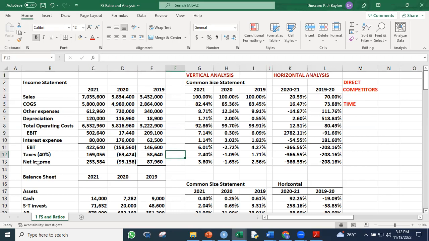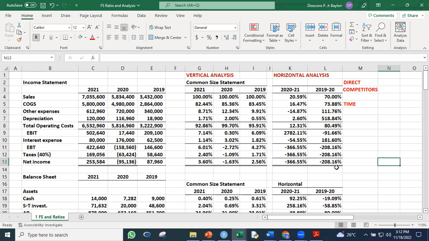Alright? So you have here the net income after tax. Ito na yung bottom line natin. Okay. So we took a look at it in terms of common size statement. Per 1 peso of sales or per 100 peso of sales, ano yung equivalent ng a specific amount, no?